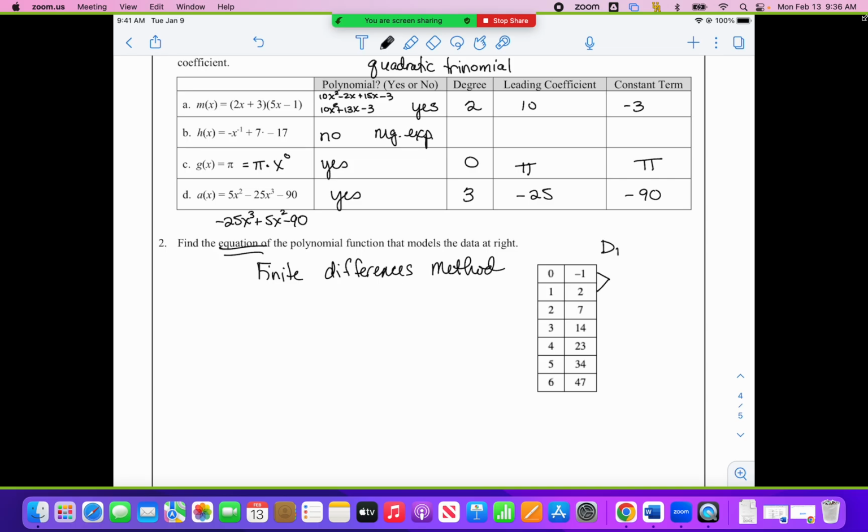And I'm going to call this column D1. So 2 minus -1 is 3. 7 minus 2 is 5. 14 minus 7 is 7. 23 minus 14 is 9. 34 minus 23 is 11. And 47 minus 34 is 13.